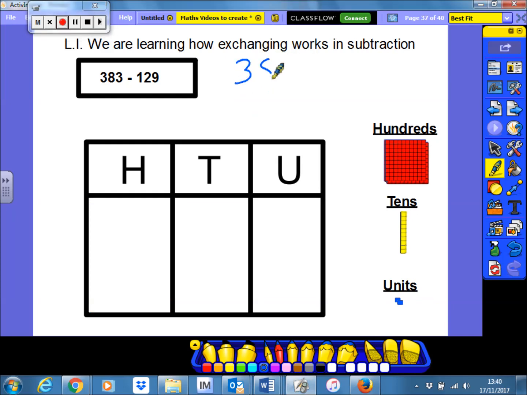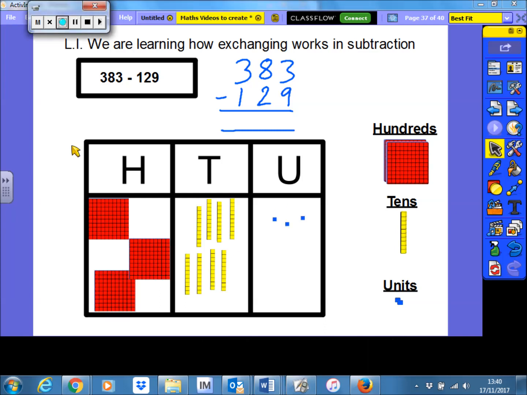Now let's look at an example involving subtraction. So we have 383 minus 129. So let's construct this 383 in this grid here. So I have 3 hundreds, 8 tens, and 3 units.